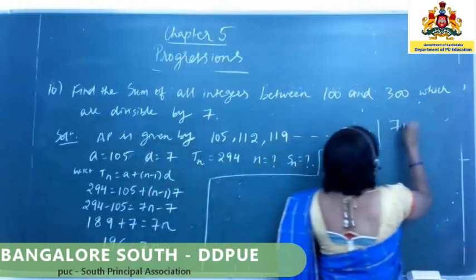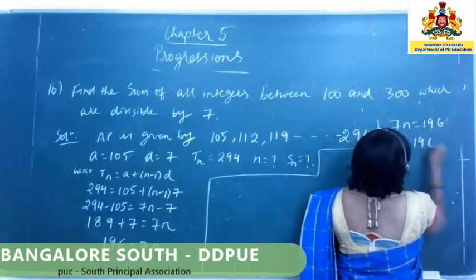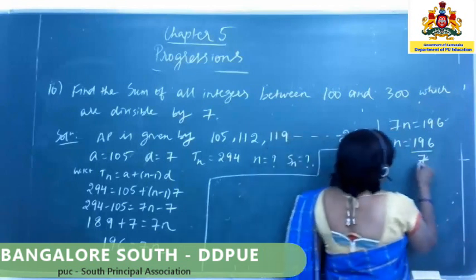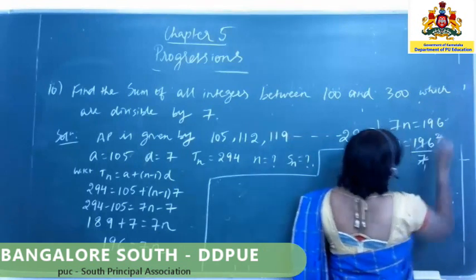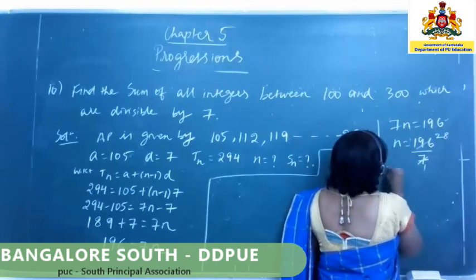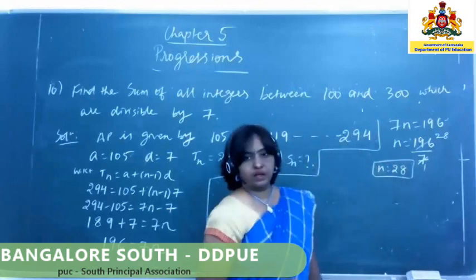So n is equal to 196 by 7, which is 28. N is equal to 28.